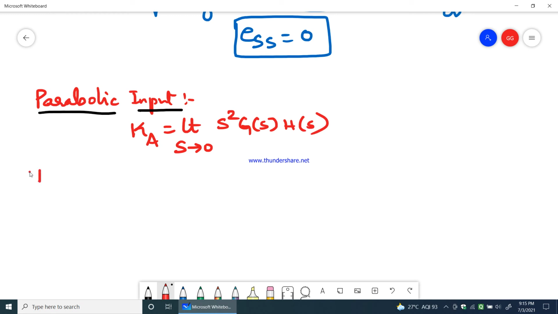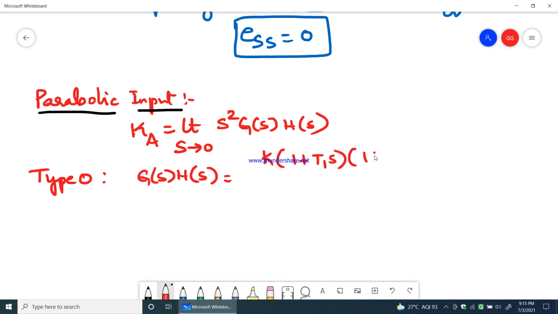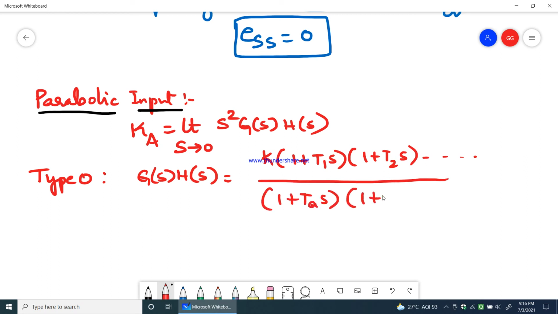Now if I take a type 0 system, we know that G(s)H(s) equals K into (1 plus T1s) into (1 plus T2s) and so on, divided by (1 plus Tas) into (1 plus Tbs) and so on.